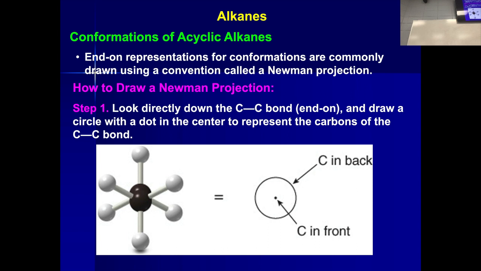What's attached to the front carbon? Two sticks and a white ball. That is the Newman projection for this. And you can clearly see that the red and the white are 180 degrees from one another. Okay?